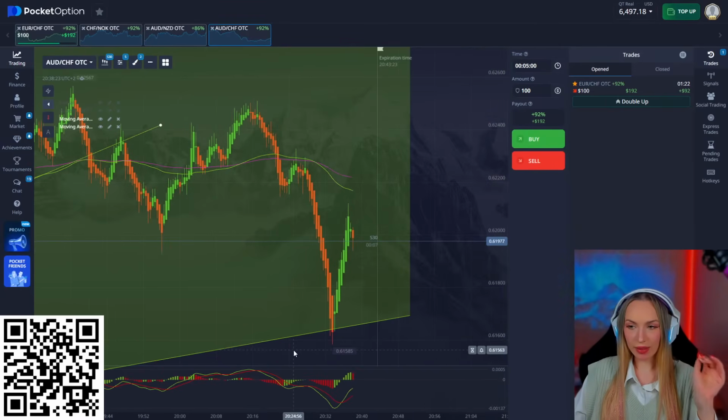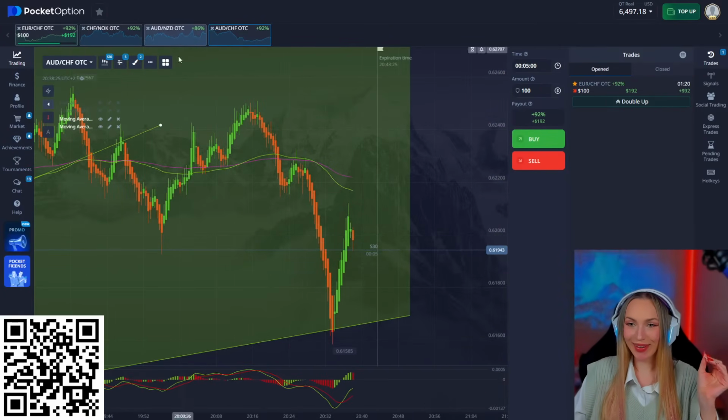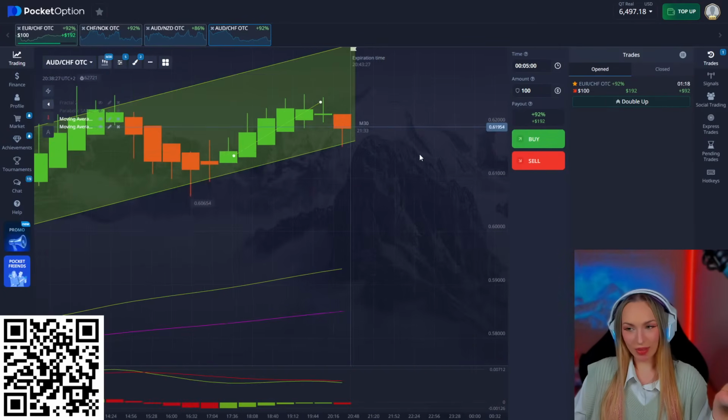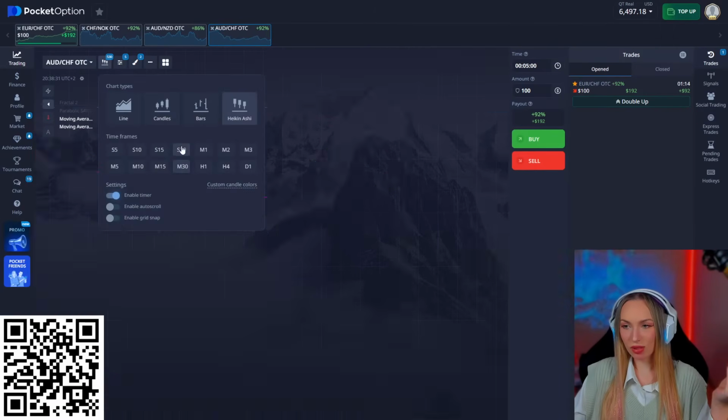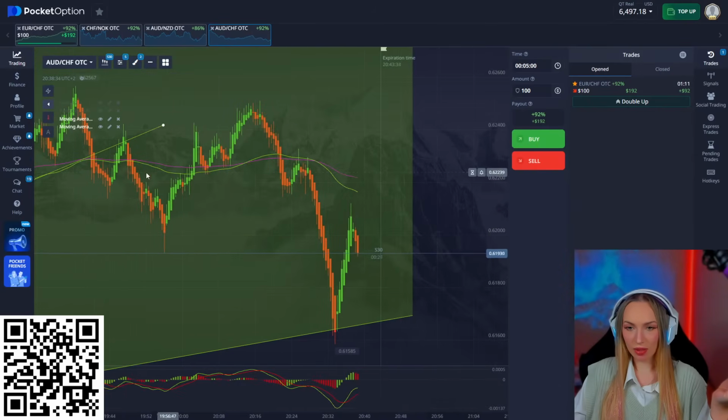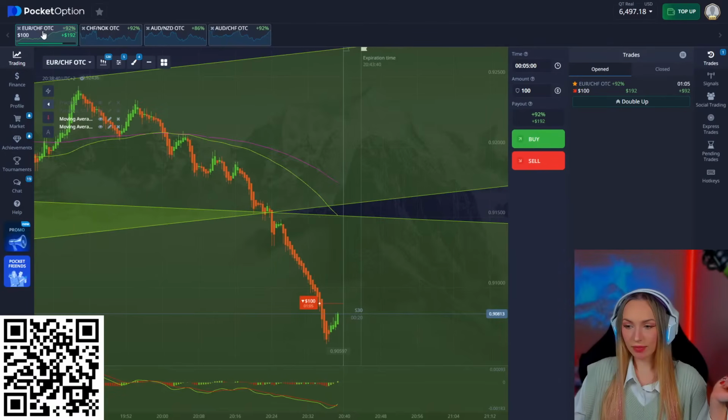Just watch. Even though when I'm opening 30 seconds it looks like it has clear structure, it looks a little bit chaotic. Look how many times my moving average just crossed like crazy.